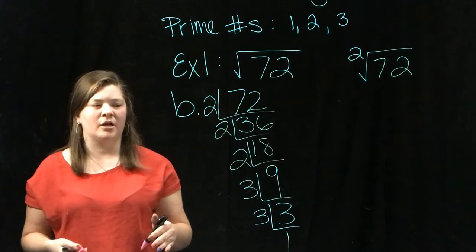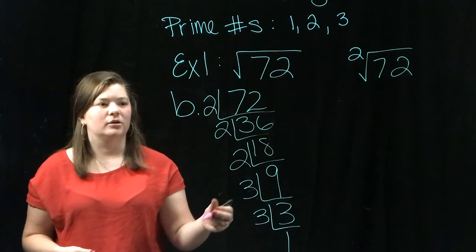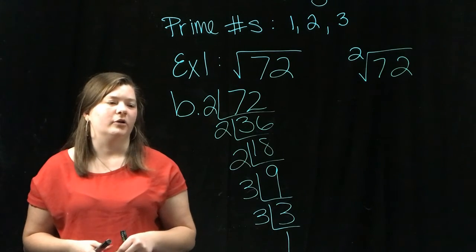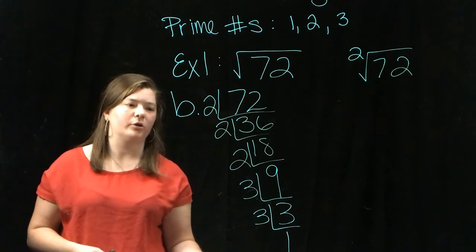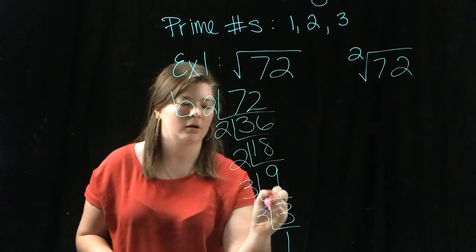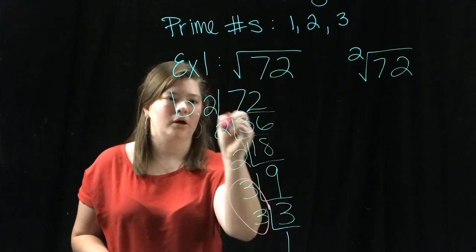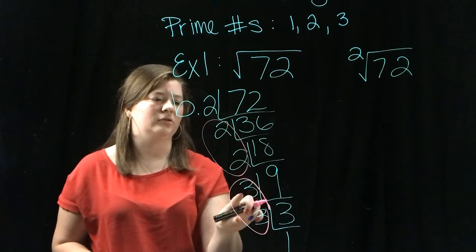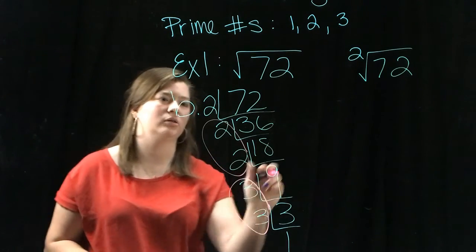So the same rule applies as before, that we're getting groups, we're getting pairs of numbers. And when we get the pairs of numbers, they have to be the same number. So we have the pair of 3s and the pair of 2s. Now, like we talked last time, these are the numbers that will be outside the radical.